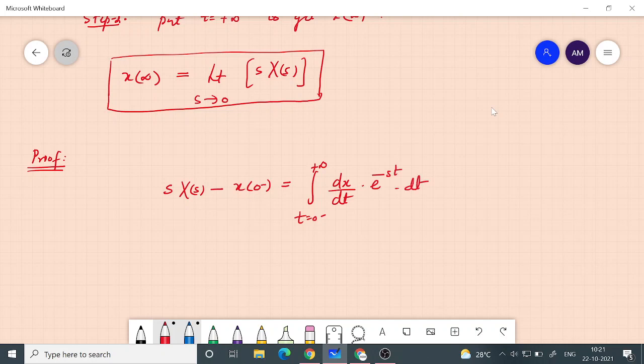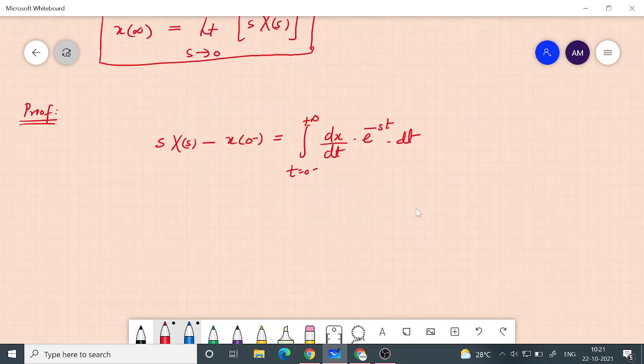This is the Laplace transform of the derivative, already derived earlier using the integration by parts method.